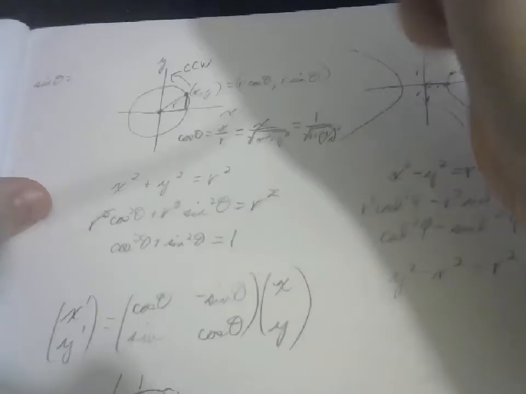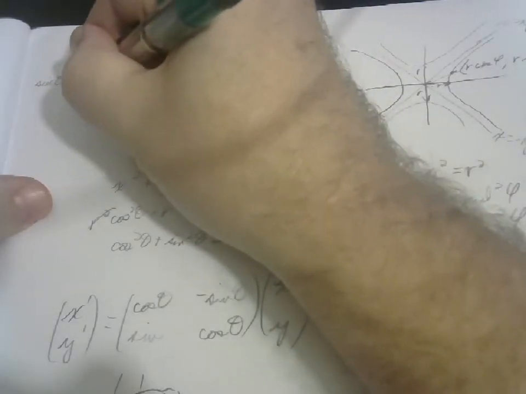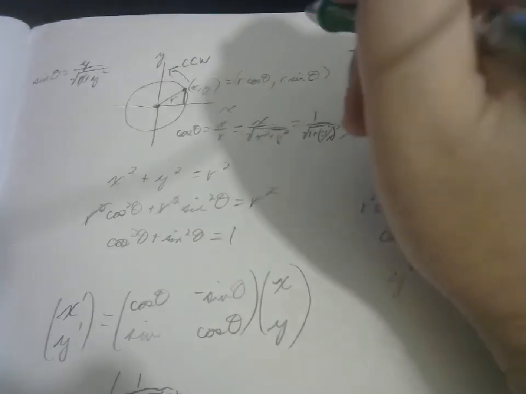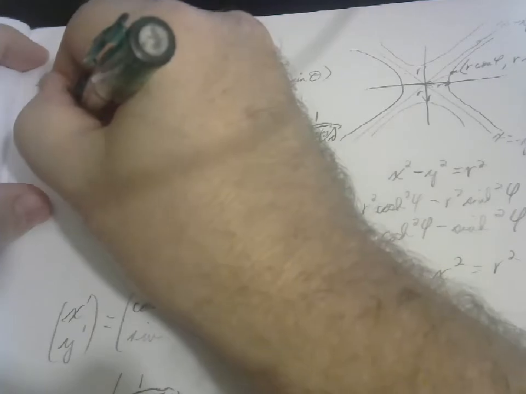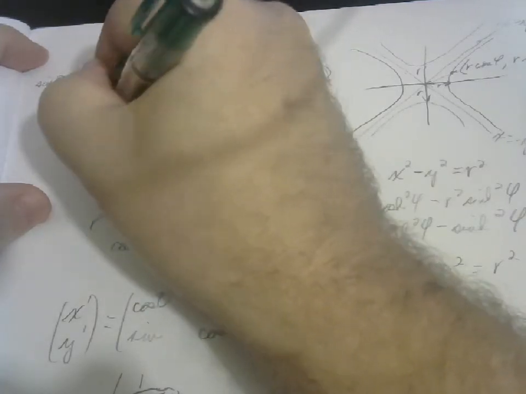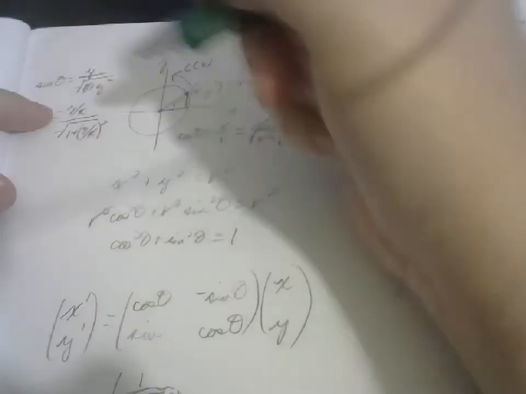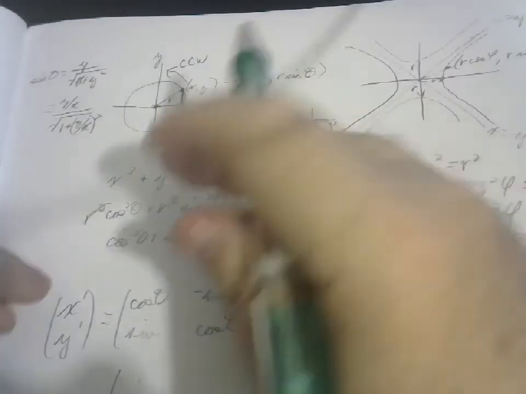And this is sine theta. Sine theta will be y over the square root of x squared plus y squared. But I still want it in terms of y over x, so it equals y over x divided by the square root of 1 plus y over x, squared. Instead of y over x, I'm just going to call that m. I'm going to call that the slope. m is the slope, y over x.